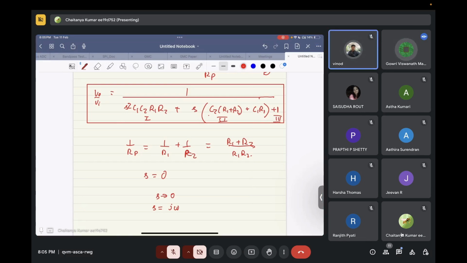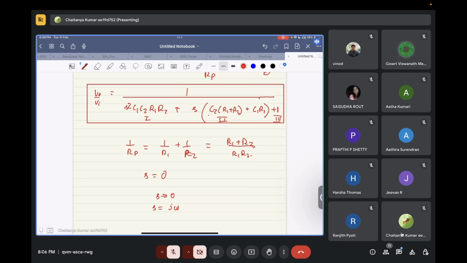One and two, is it? Yeah, 1 or 2, but out of 1 and 2, which is the smaller one? Mind you, this is s tending to 0.